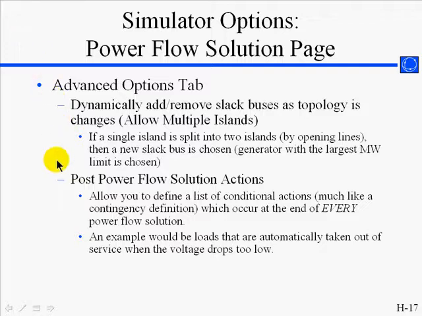The button for Post Power Flow Solution Actions allows you to define a list of actions which include after every power flow solution. So an example might be to specify that loads drop automatically if the voltage at their terminal bus drops too low.